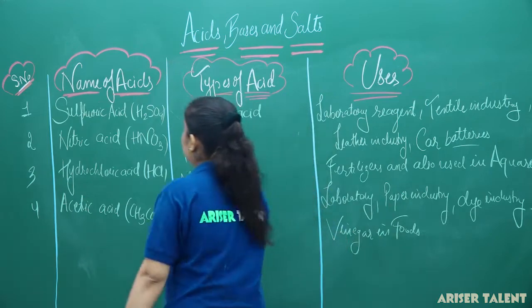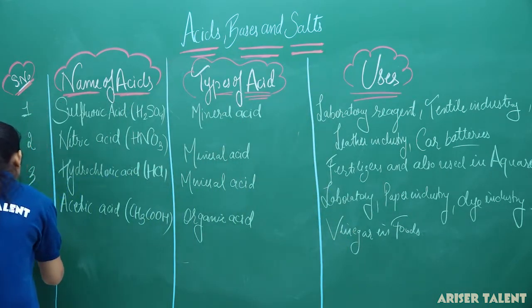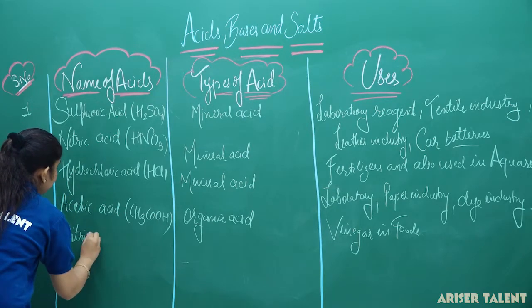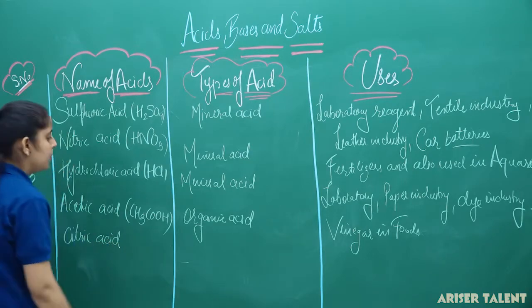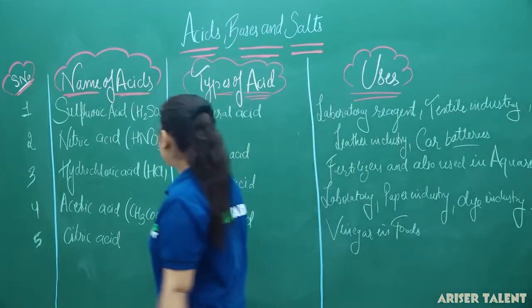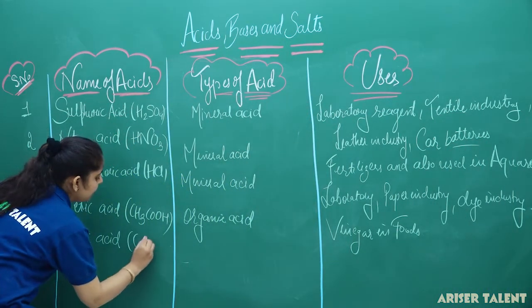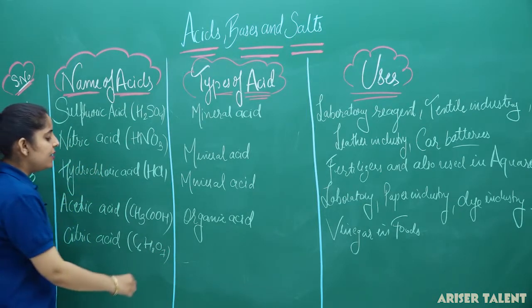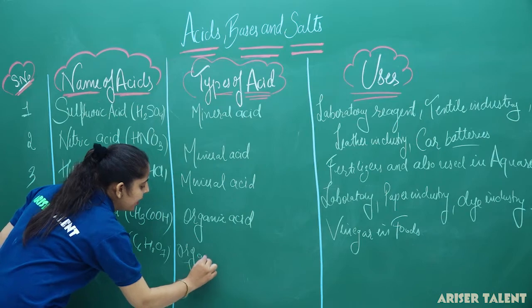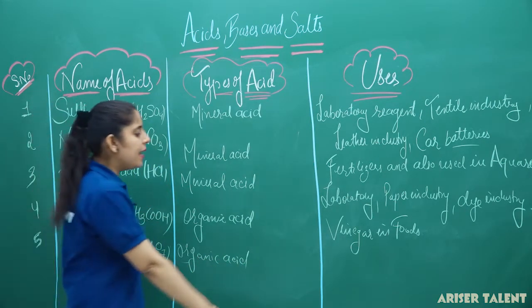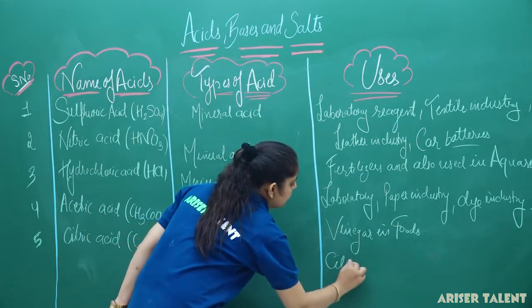The next type of acid is citric acid, and its formula is C6H8O7. Citric acid is again an organic acid, and it is found in citrus fruits like oranges and lemons.